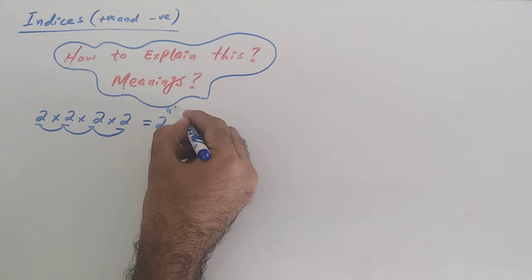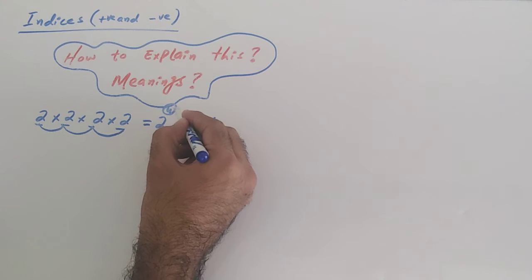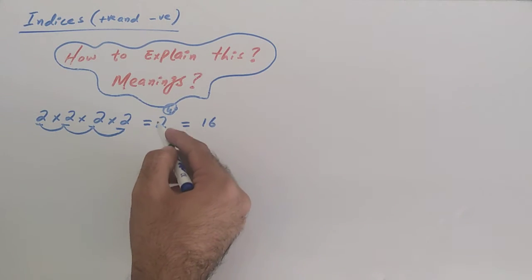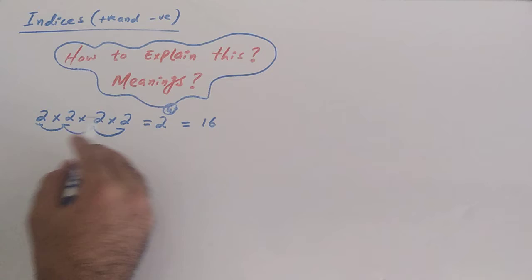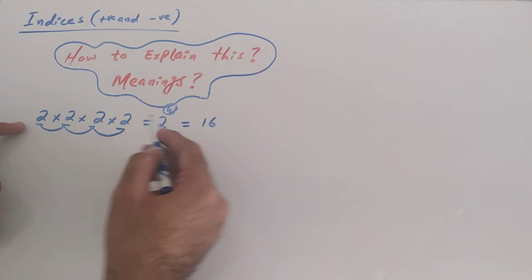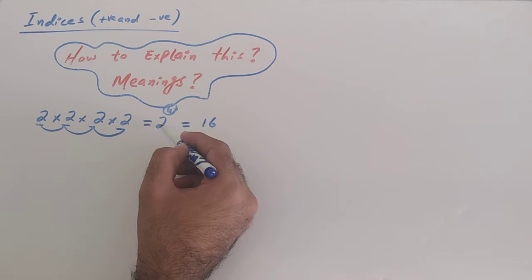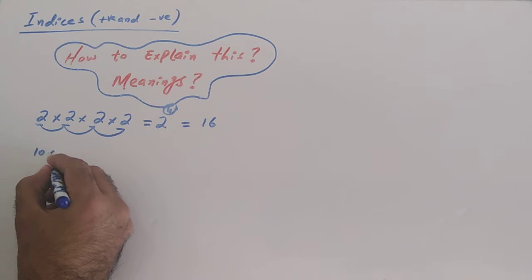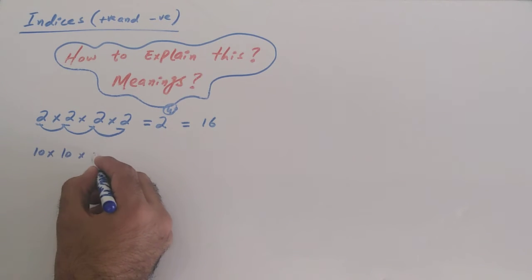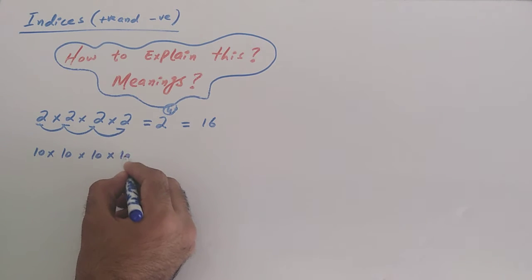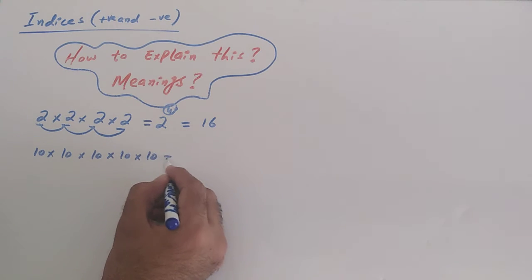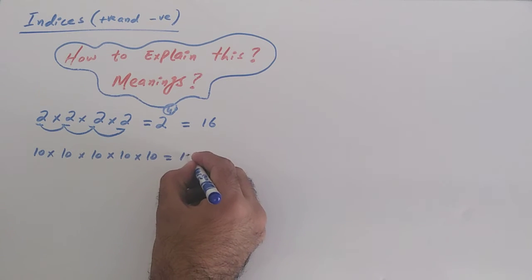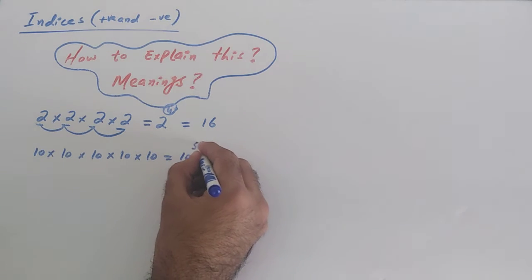This thing is called the power or the exponent, or also the index or indices. If you have a positive power, it means you just have to multiply 2 with 2 4 times. If you have something like 10 times 10 times 10 times 10 times 10, you can see 10 is multiplying 5 times, so this means 10 raised to the power 5.